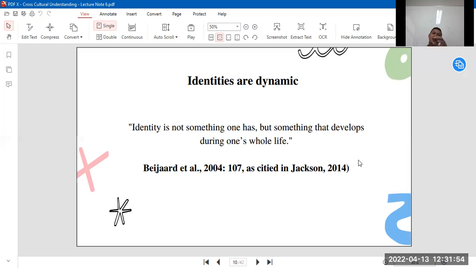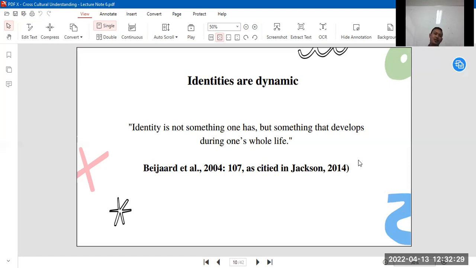Or even when we became older, we could be more strongly connected to our religion. That's why the identities that people claim, they attach to them, and they may change as a consequence of personal, economic, social, or cultural circumstances, cultural interactions.